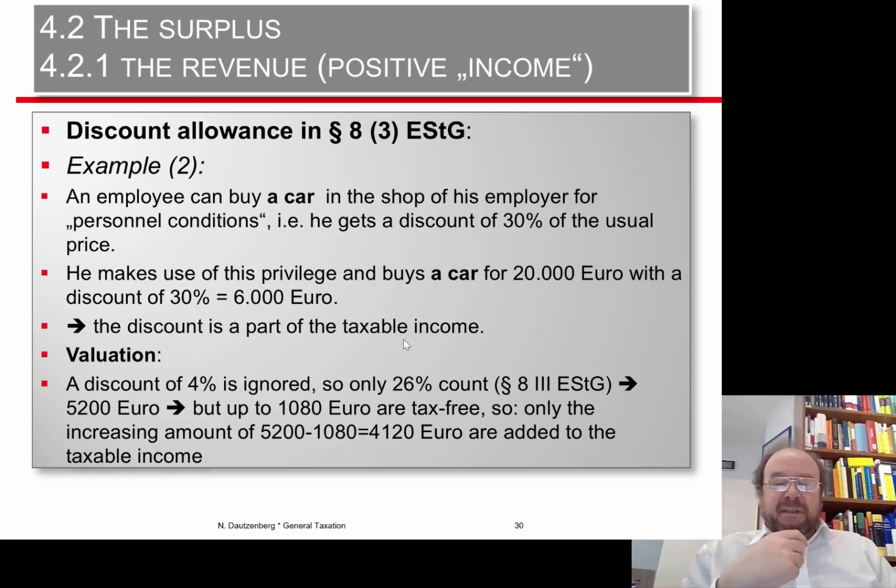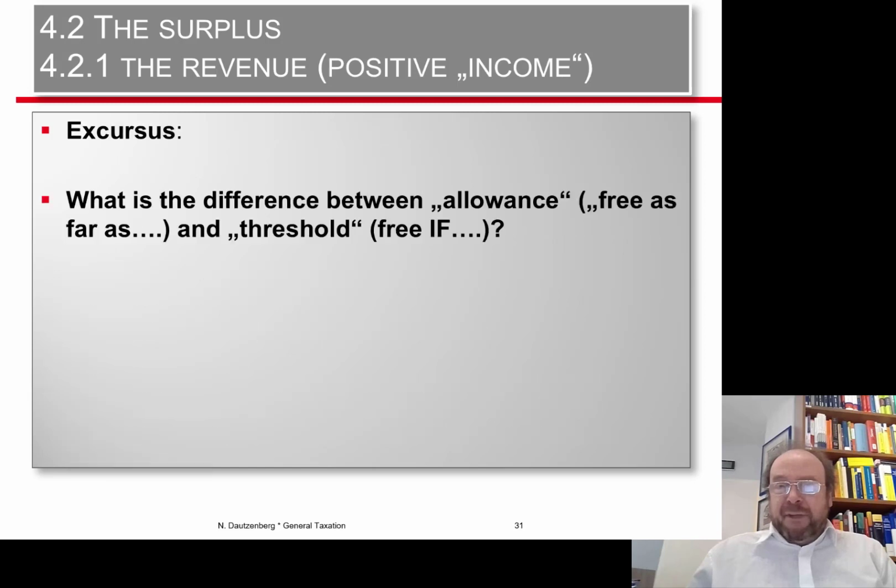So that can be ignored and is officially declared as tax-free, and only 26% discount are taken into account. Here 5,200, up to 1,080 are tax-free, so the 4,120 euro which remain are taxable. I hope that makes the principle clear.